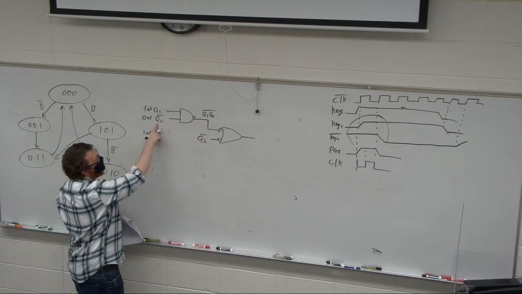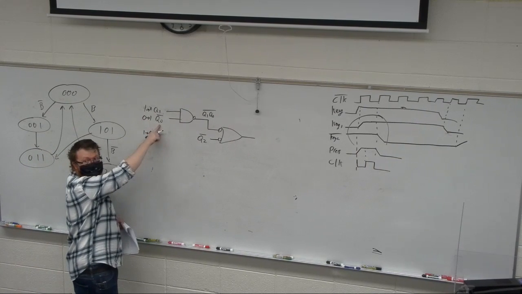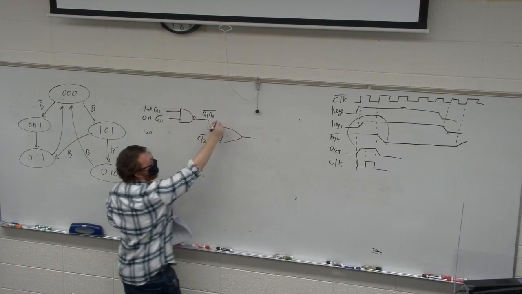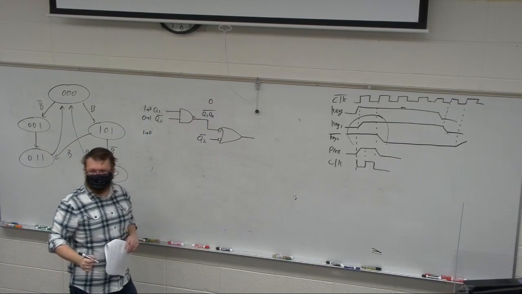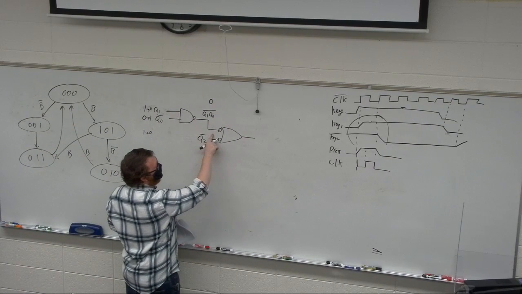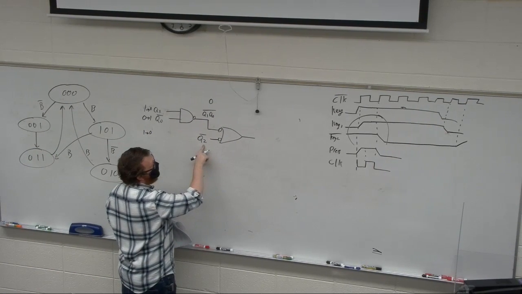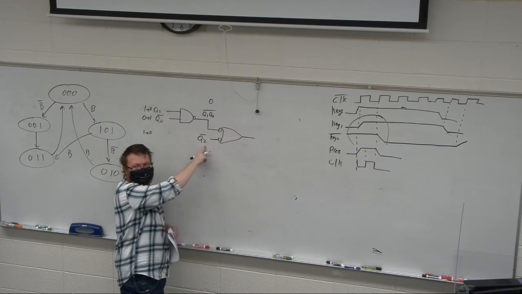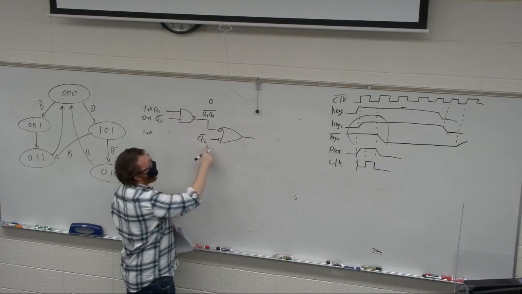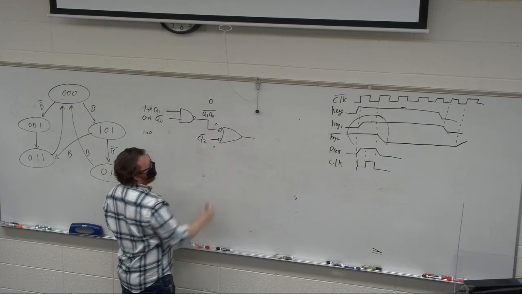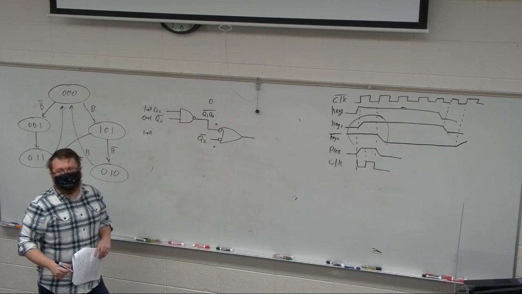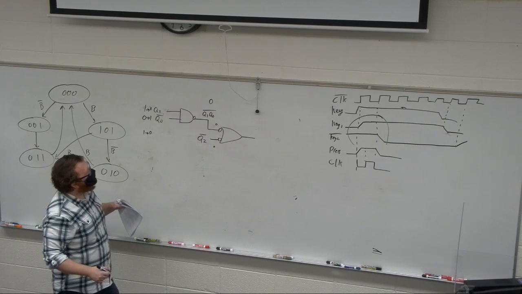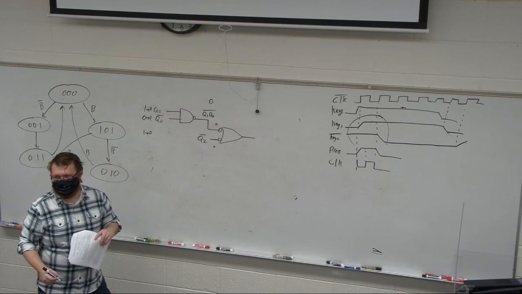So Q naught, we would have 1 and 1 because it's Q naught, and the input and output would go to a 1, but that would be a 0. Starts as a 0. So we have a 0. Q bar is Q2, which starts as a 1, but it goes to 0 because we're Q2 bar. So we have a 0 at this input and a 0 at that input to start. What is our output in that case?